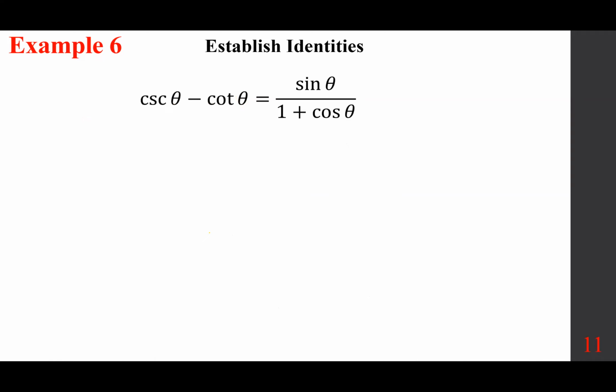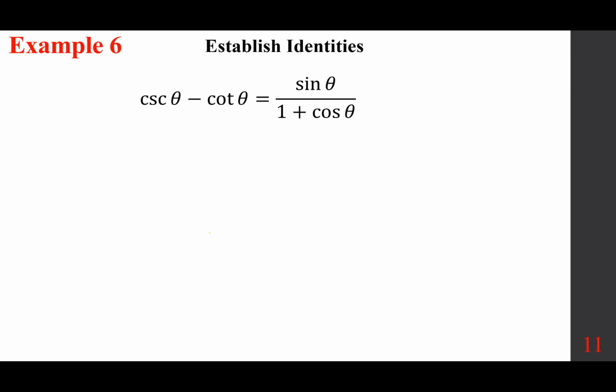We want to establish this identity, and we can start with the left side, which involves things other than sine and cosine, and change them into functions of sine and cosine.